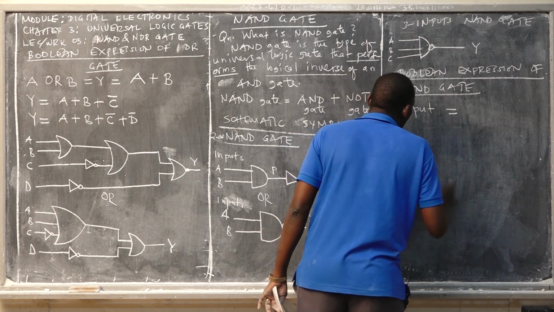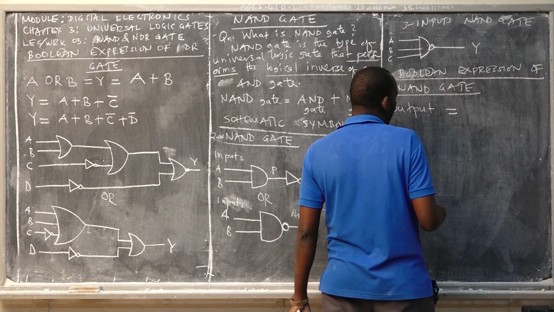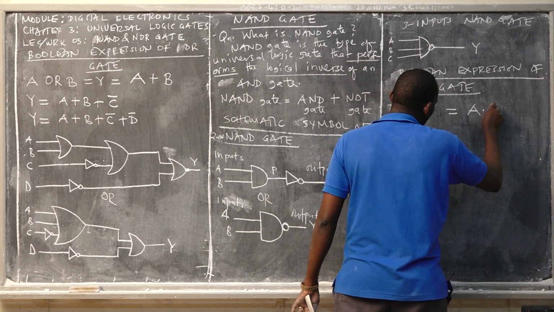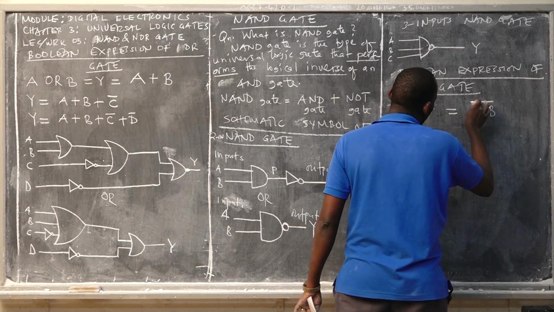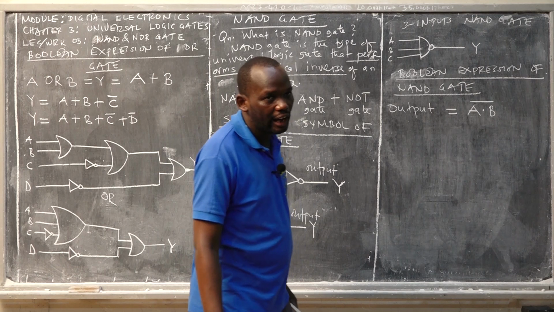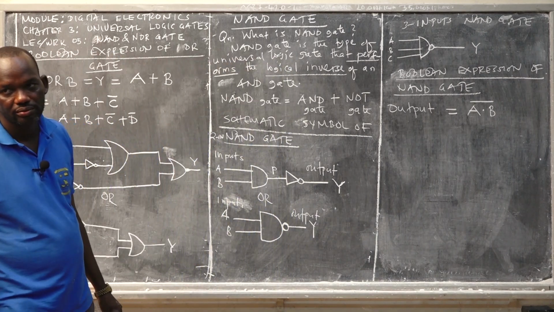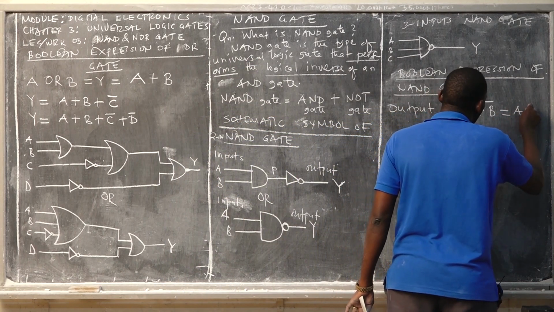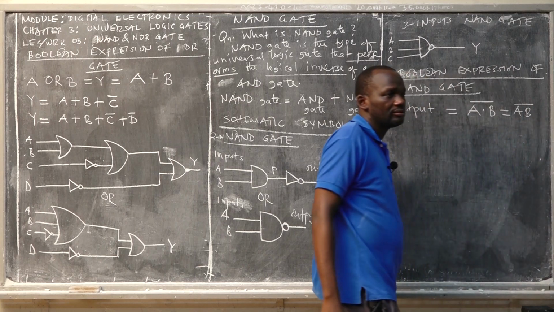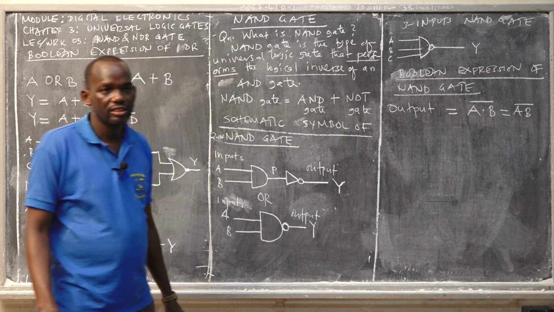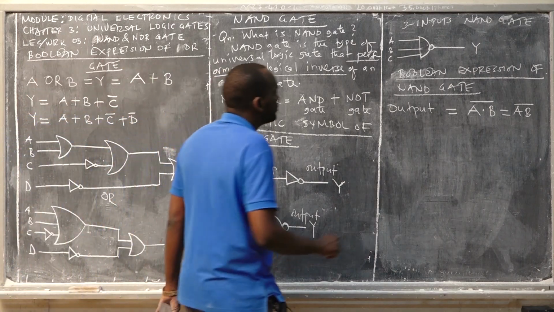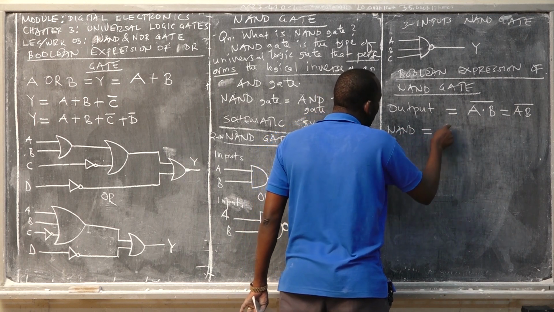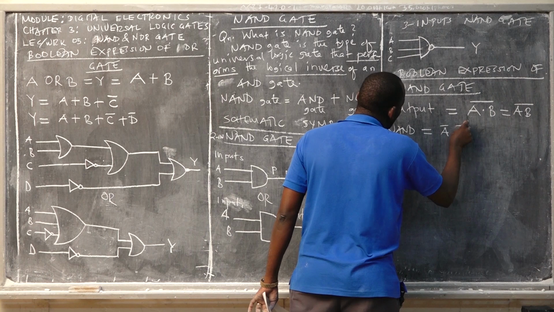For instance, we have two inputs, A and B. Then the output of A and B has to be fed to the input of the NOT gate. Or sometimes you can find that this one is written AB, then bar. So that is NAND gate. Remember that. The NAND gate cannot be this one, A bar and B bar. This is not NAND gate.